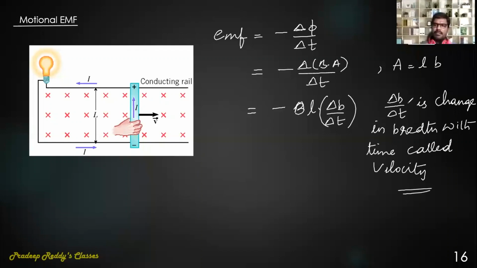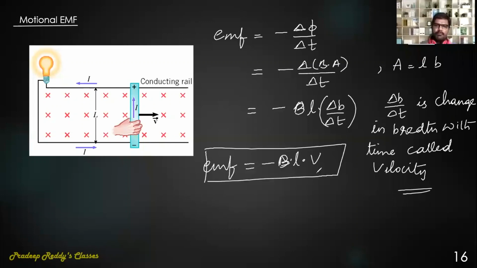So I can replace this delta B by delta t with velocity V. So simply you can write it as minus B into L into V. Therefore, EMF induced will be written as BLV, where B is magnetic field, L is length of the conductor, V is velocity of the conductor. So from this equation, I have got another equation which defines motional EMF.